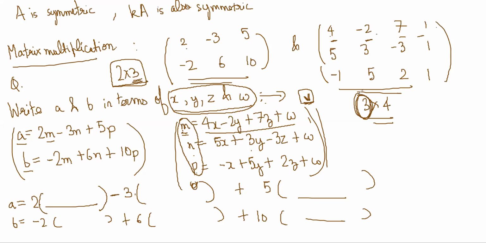Let me think for a bit. Right now it is not clear why the number of columns of this must match the number of rows of this.